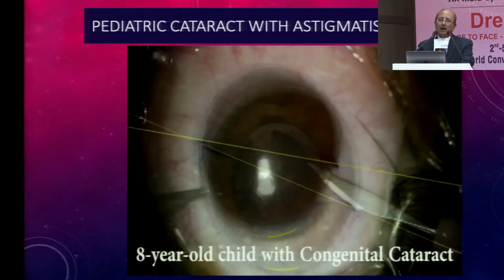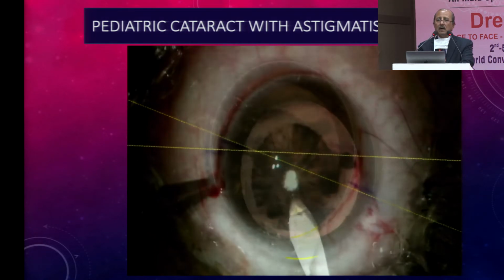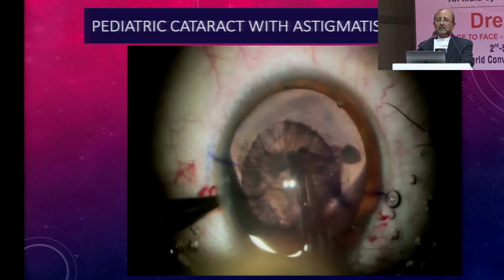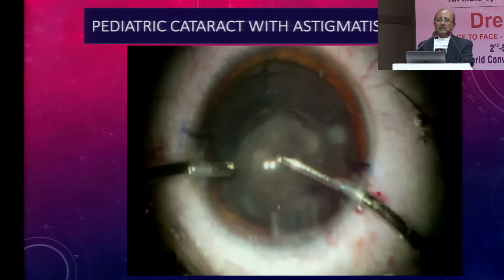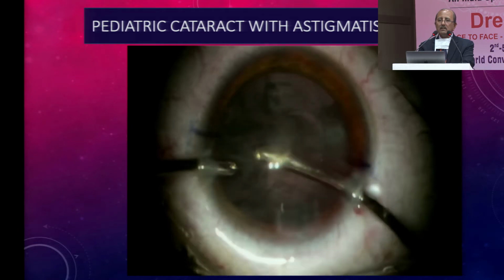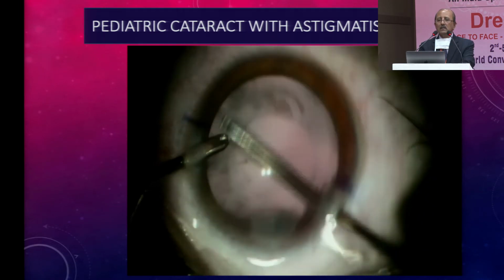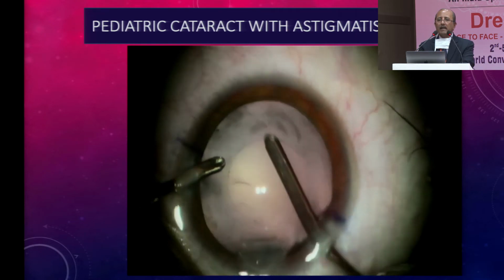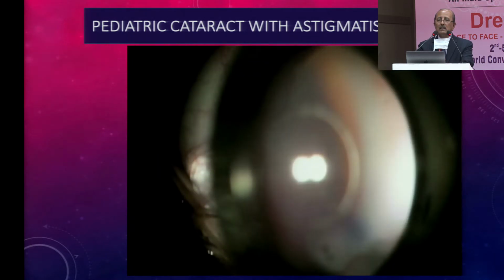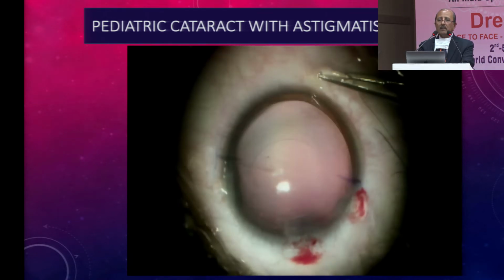Although we have marked as such also, after making the incision and doing continuous curvilinear capsulorhexis, and removal of the cortex from the capsular bag, we have to fill the capsular bag and anterior chamber with viscoelastic to calculate the IOL power.